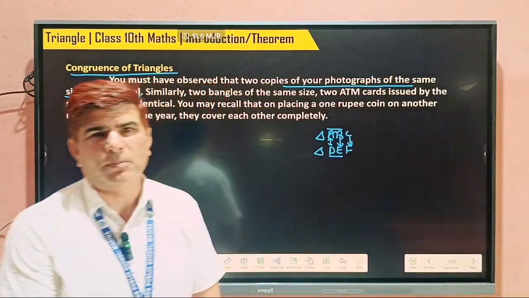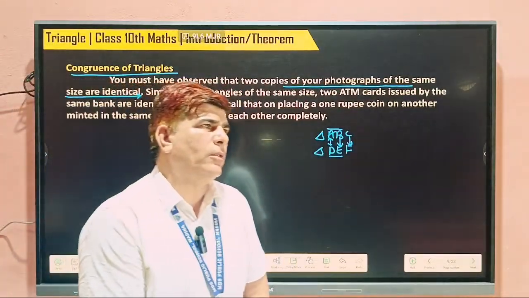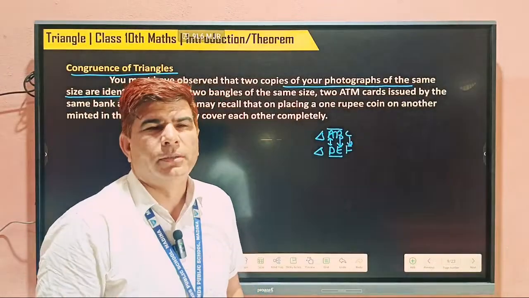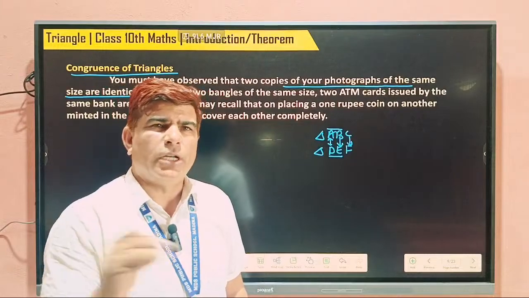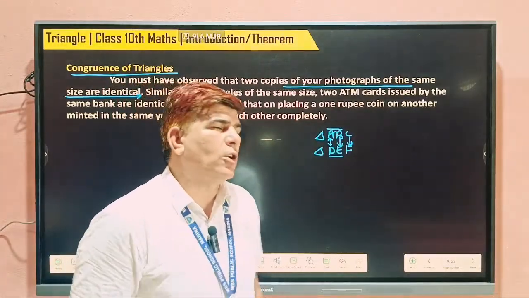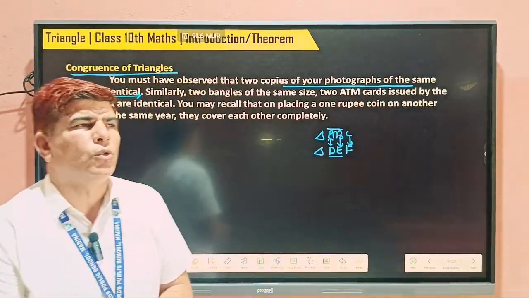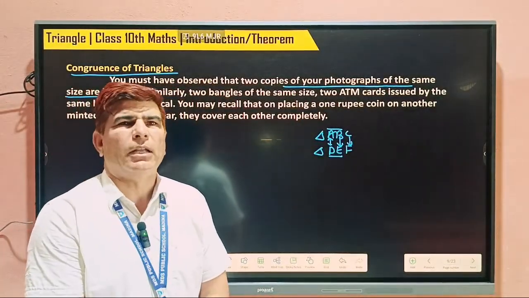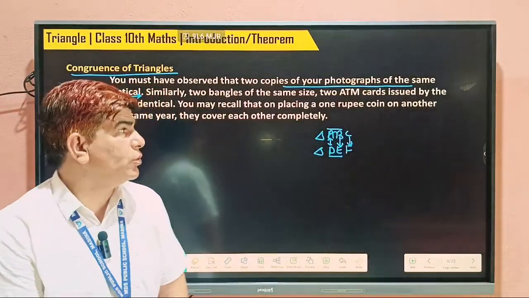So what we can say, the simple definition of congruence: when one object covers the other object completely, then that object is congruent to that. Another example you can take, rooms of same size, fields of same size, having length, breadth equal, angles also equal.